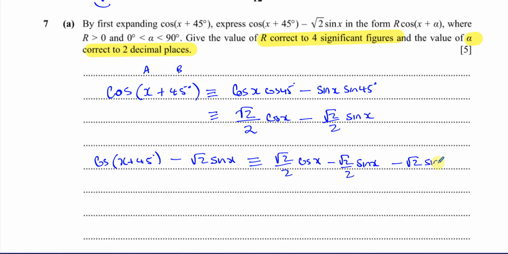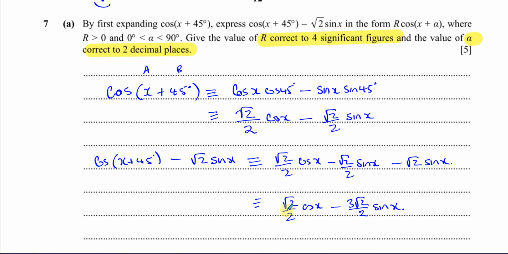We can simplify this. These are like terms. We have minus root 2 over 2 minus root 2, which is minus 3 root 2 over 2. It's like saying minus x over 2 minus x is minus 3x over 2. So this gives you root 2 over 2 cosine x minus 3 root 2 over 2 sine x.